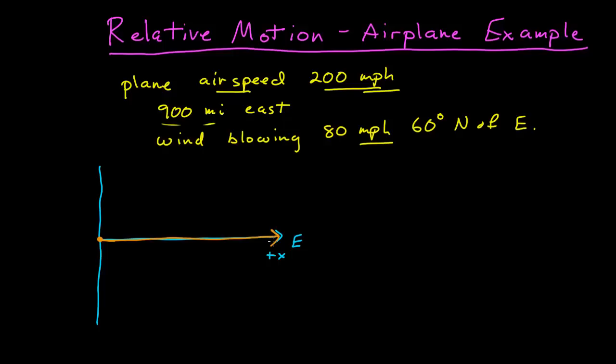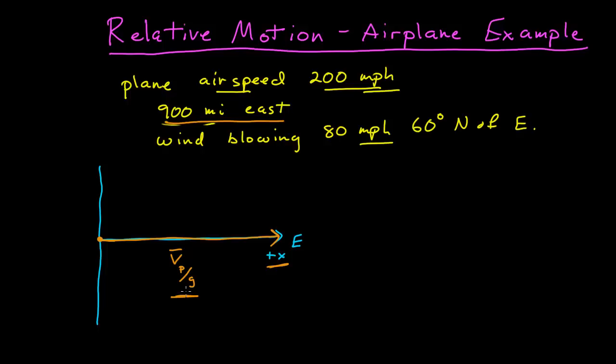I have a position axis here, but I can draw my velocity vectors in the direction that they're pointing on this position axis. So this is the velocity of the plane relative to the ground. If I want to go 900 miles east, that's a displacement relative to the ground. So if I want to go in a straight line there, that means my velocity has to be pointing straight east, relative to the ground. Okay.